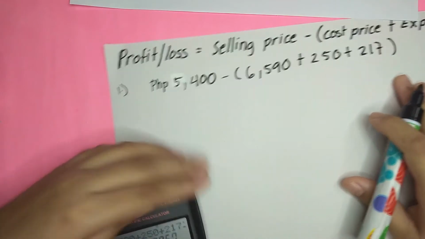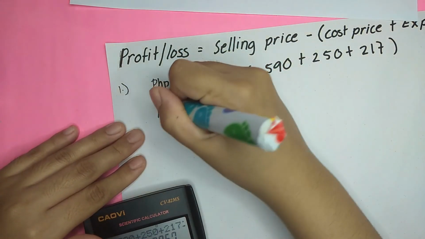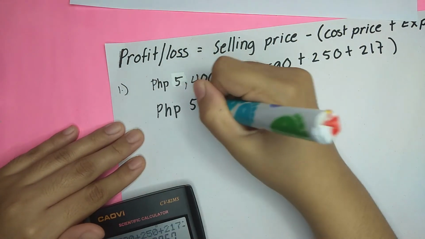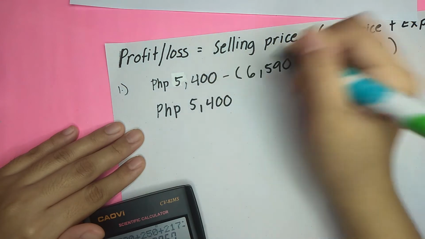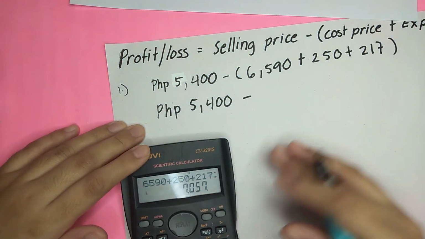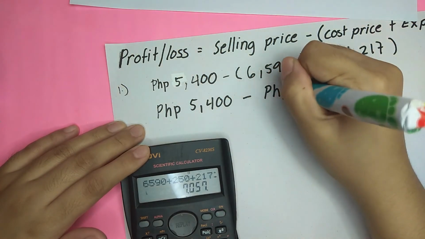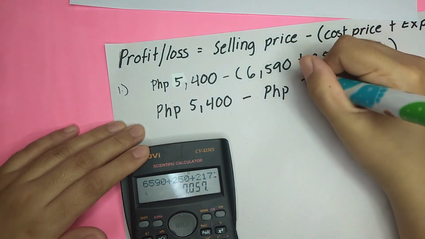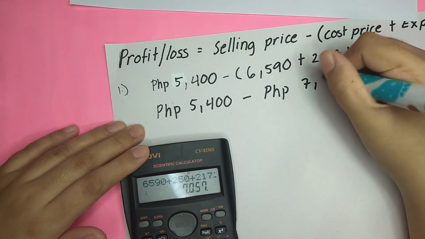Okay. So, ito, 5,400 pesos minus yung nakuha natin dito. Lagyan na natin Philippine peso. 7,057 pesos.